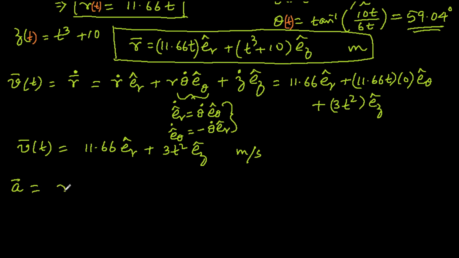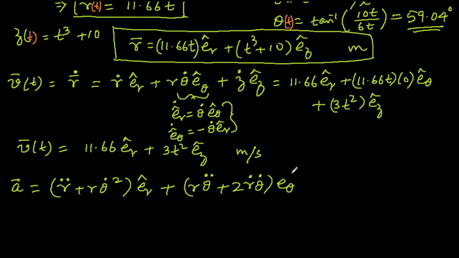This will be (r double dot minus r theta dot squared) eR plus (r theta double dot plus 2 r dot theta dot) eθ plus z double dot eZ.